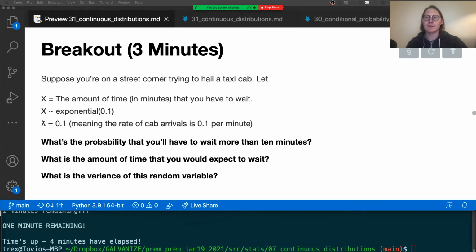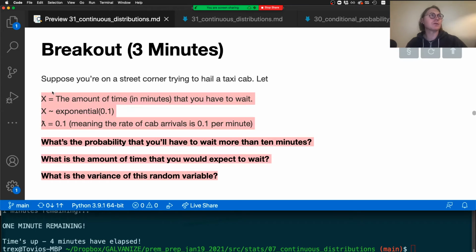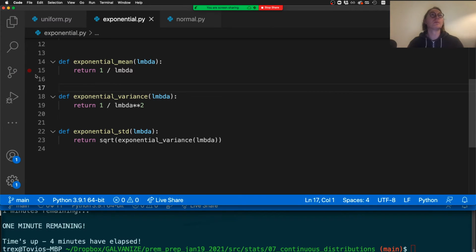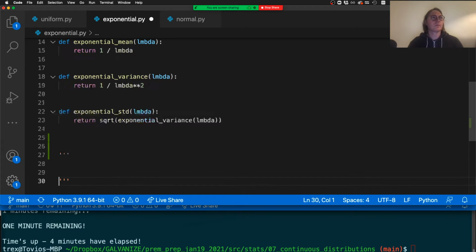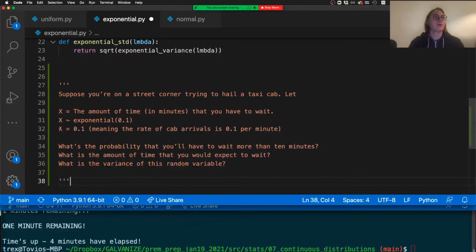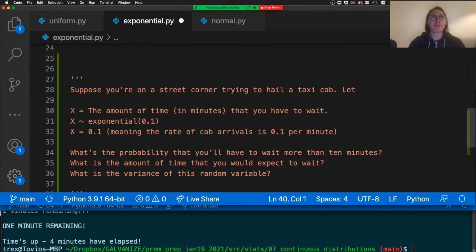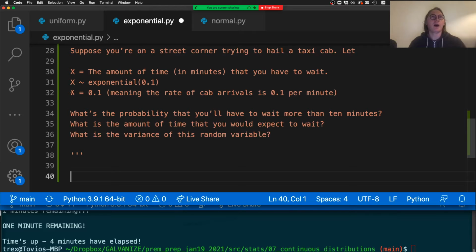Okay, let's look at how to think about this, how to answer it. So I'm going to copy all of this over. All right, so suppose you're on a street corner trying to hail a taxi cab.